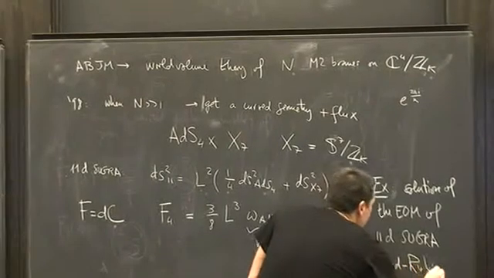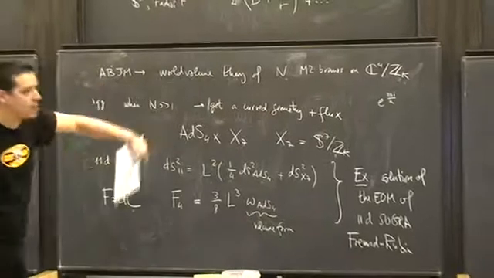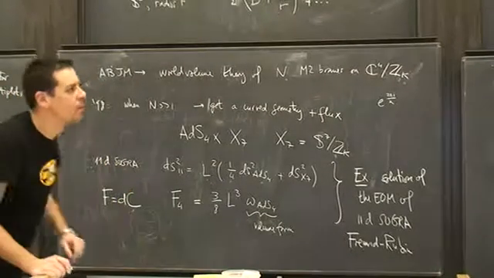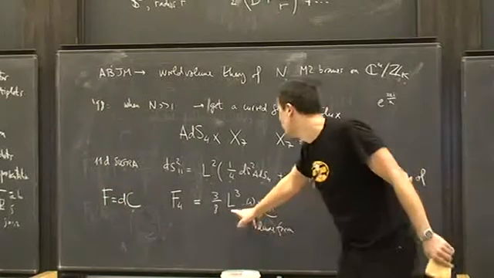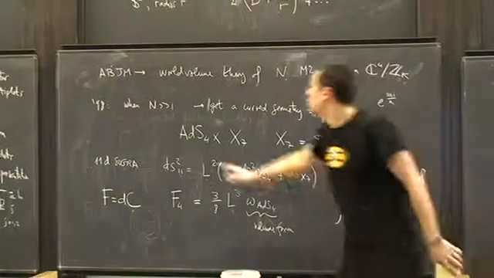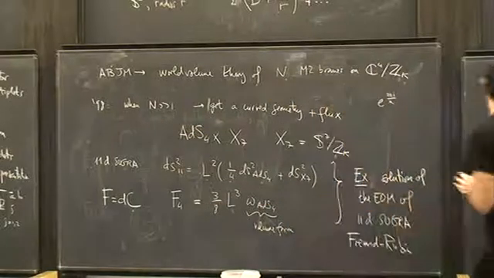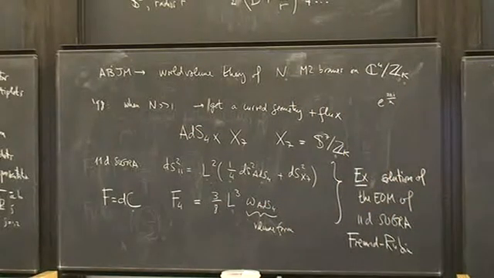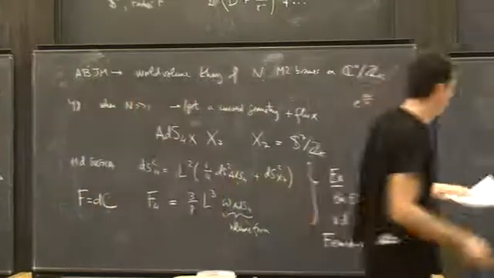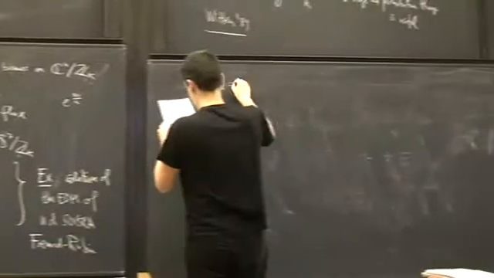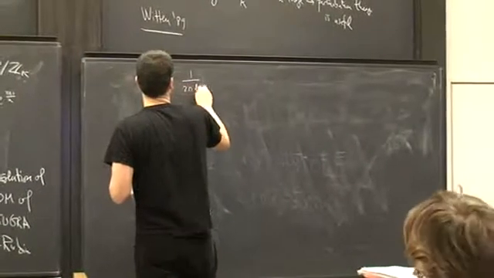So this is one of the nice things about ABJM that makes contact with this beautiful old story about 11-dimensional supergravity. Here you have to tell me what the radius is, and the radius is related to the original number of degrees of freedom, N. The radius is of course related to the flux.